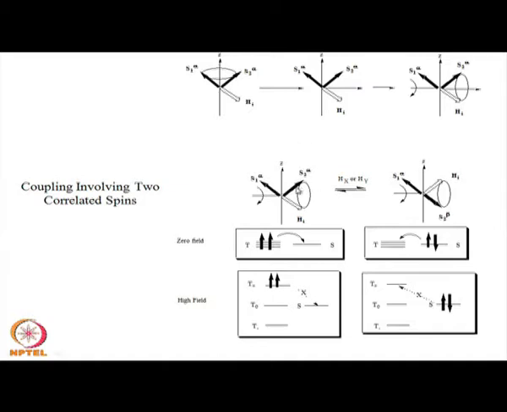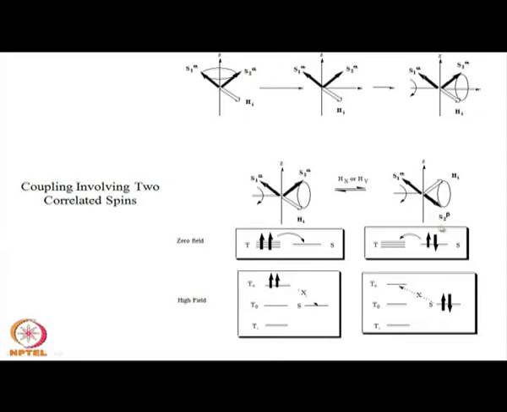Now, after this additional precessional motion, you see now it is like this. So, in effect you have gone from a configuration like this to a configuration like this, and this is as a result of this internal field in the x direction or maybe in the y direction, or maybe some external field as well.